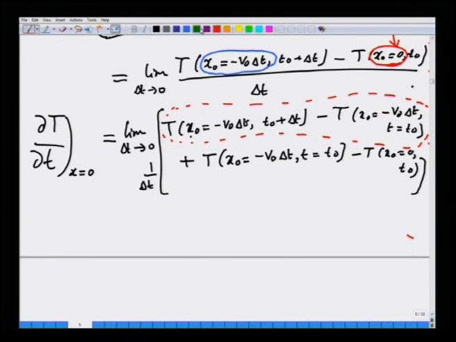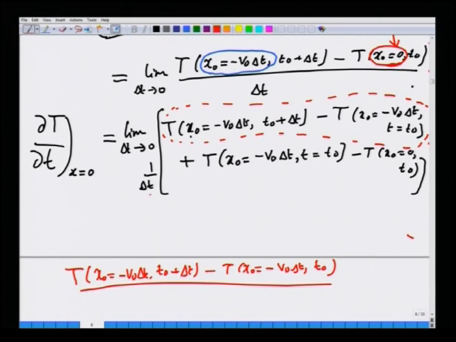The red term is nothing but: T at x naught is minus v 0 delta t at time t 0 plus delta t, minus T at x naught is minus v 0 delta t at t 0, divided by delta t, which is of course common here, and the limit delta t going to 0. See, here we are keeping x naught constant.